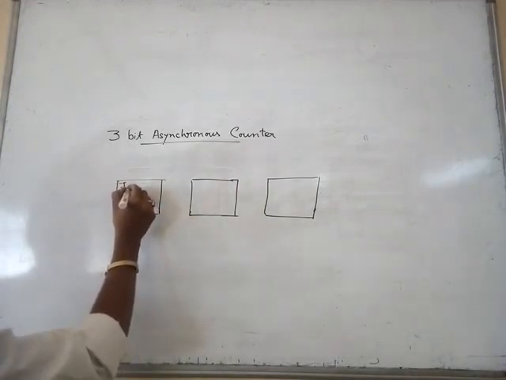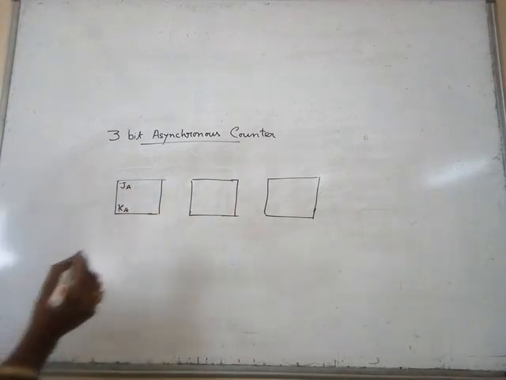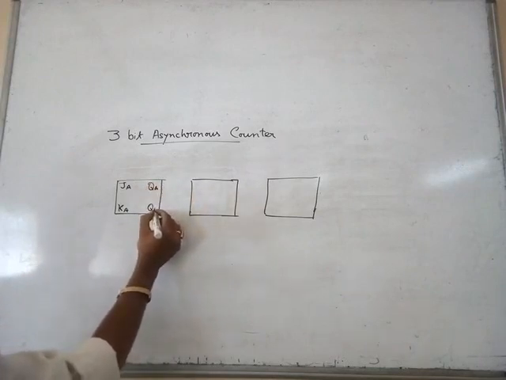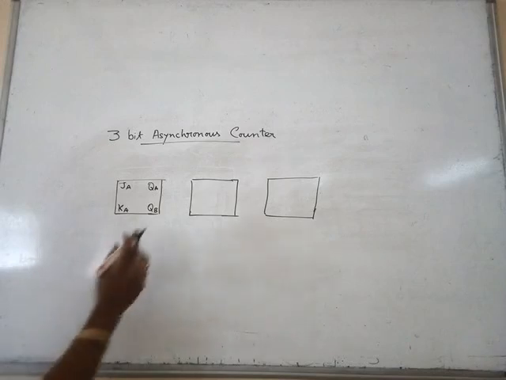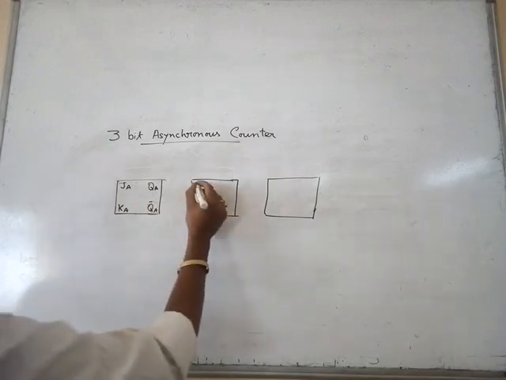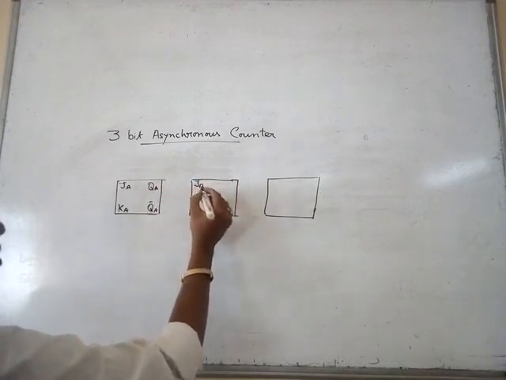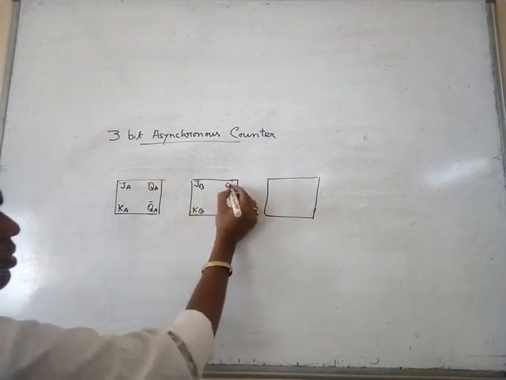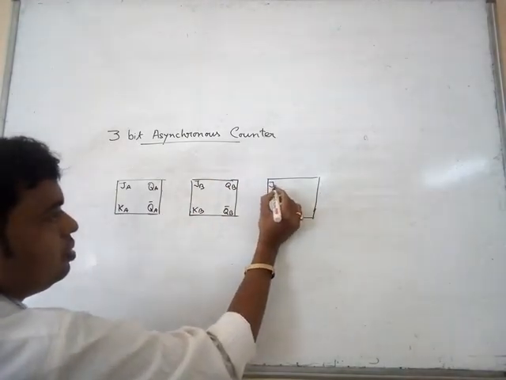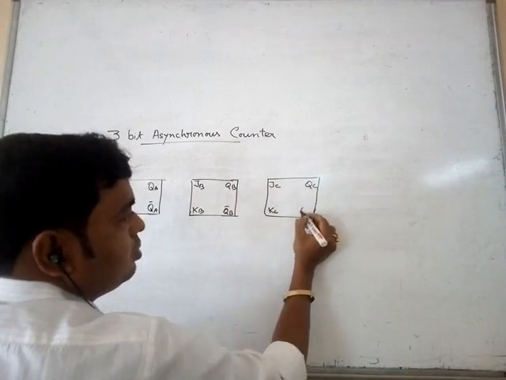These 3 JK flip-flops: JA, KA, QA, QA bar, next JB, KB, QB, QB bar, JC, KC, QC, QC bar.